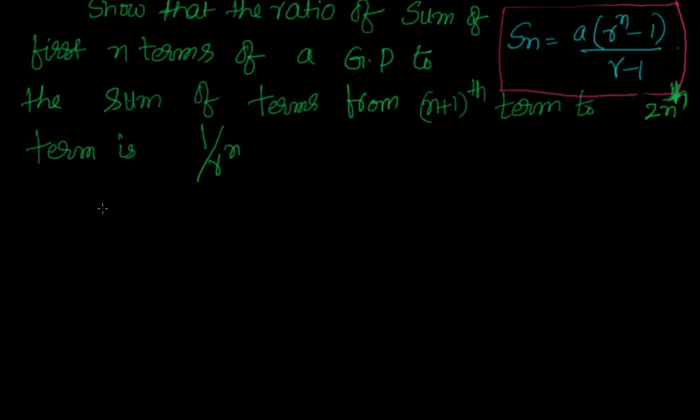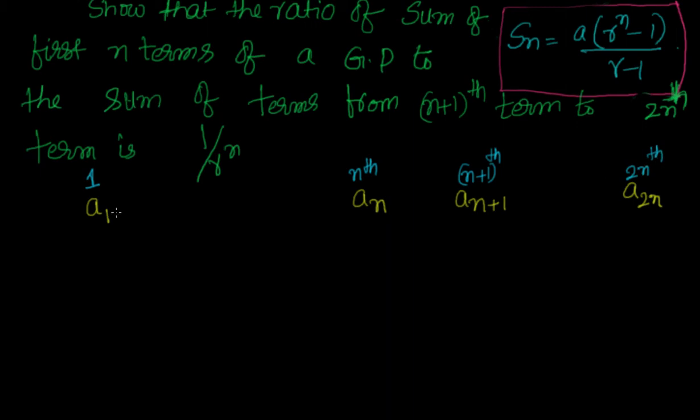So what we are saying is, let us say you have the first term a1, the nth term a n, the n plus 1th term a n plus 1, and the 2nth term a of 2n.